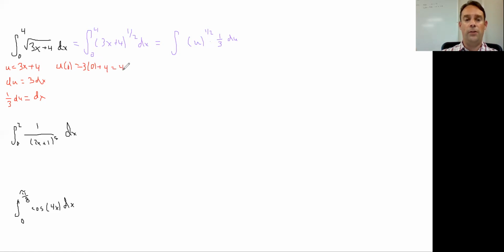So my lower bound of 0 is going to become a lower bound of 4. And U of 4, 3 times 4 plus 4. That's going to end up being 16. So now we can go ahead and finish it from there. And we'll keep everything in terms of U from here on out.